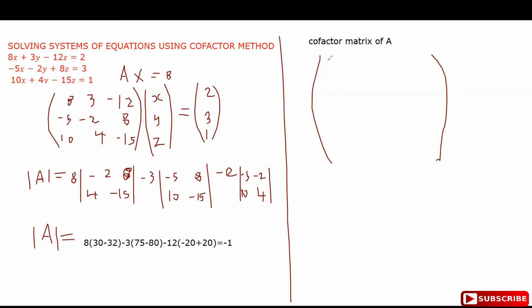we need to remember the cofactor signs: it's plus the determinant of the element 8, minus the determinant of the element 3, plus the determinant of the element minus 12.